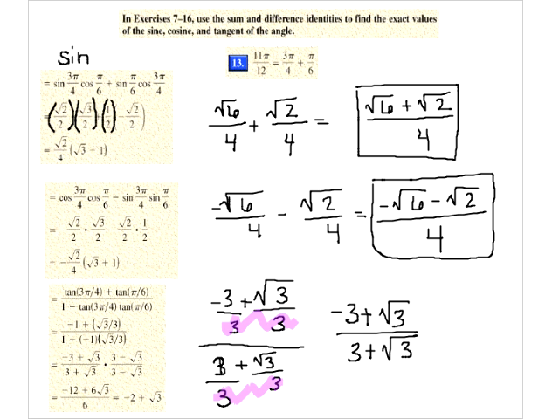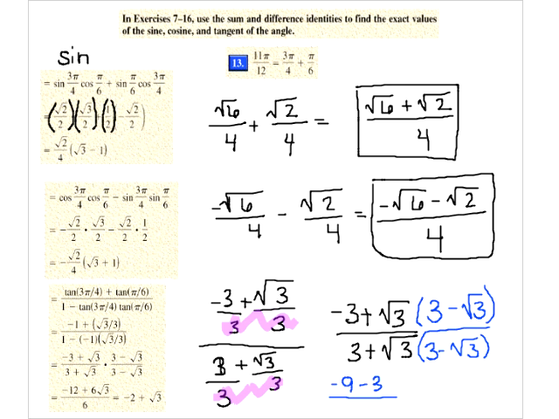And we can't have that radical in the denominator, so I need to multiply by its conjugate. After I multiply by its conjugate, in the numerator I get negative 9 minus 3, because the middle terms drop out. And in the denominator, did I get that? Maybe I don't.